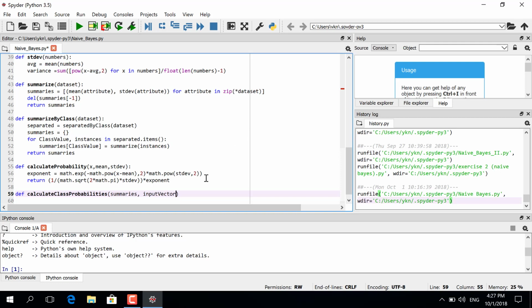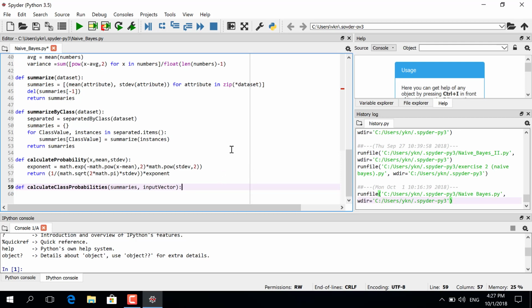So here we have two inputs. Summaries is the summarize by class. We already got the value from the summarize by class function. And the input vector is the variables coming from our independent variables x.